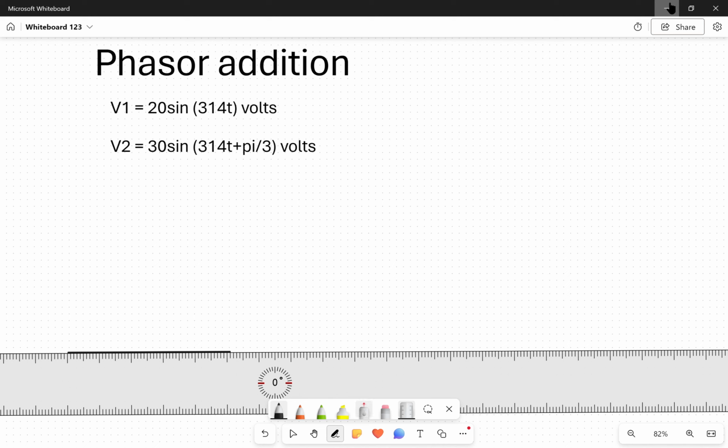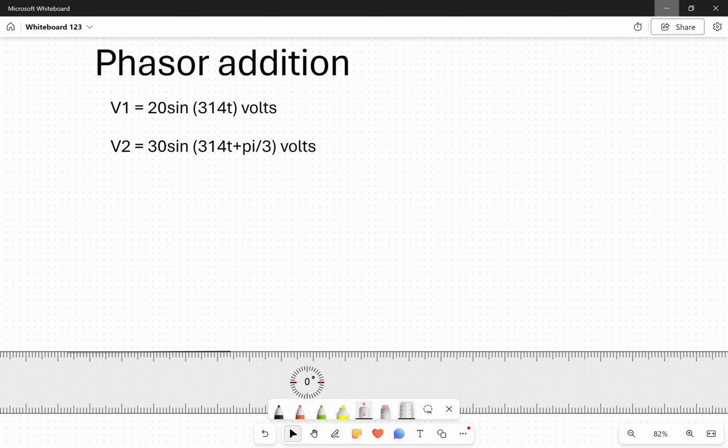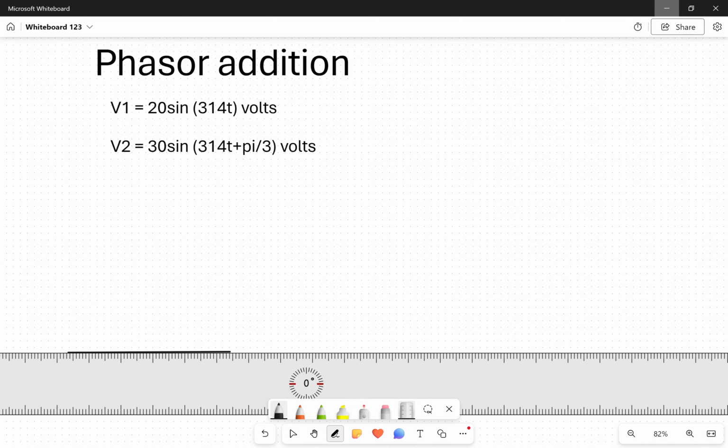The next step is we need to work out what is this in terms of an angular measurement that we can easily use, i.e. degrees. Now the easiest way to do that is to take our radian measurement, which is pi over 3, divide it by pi, and then times it by 180.